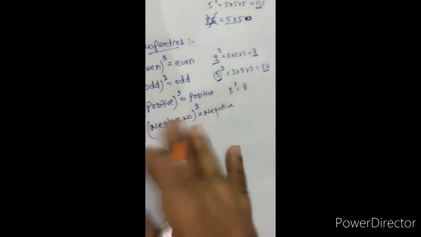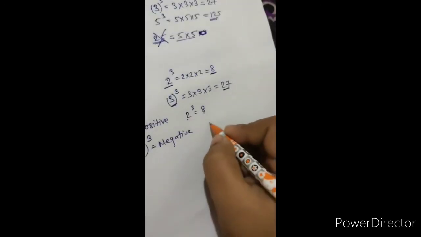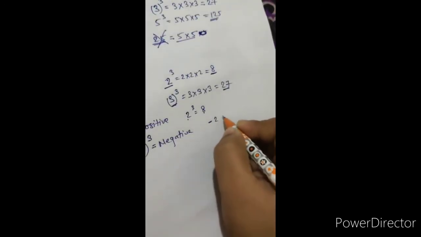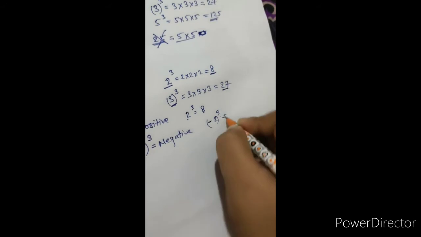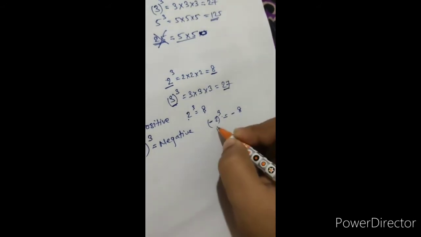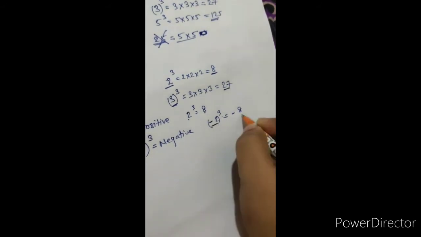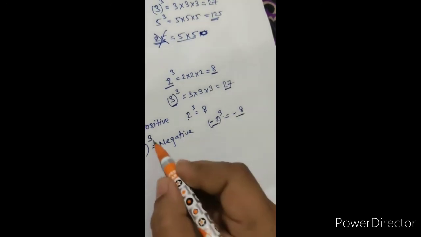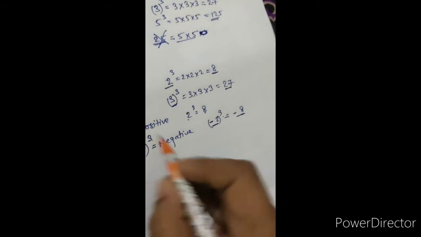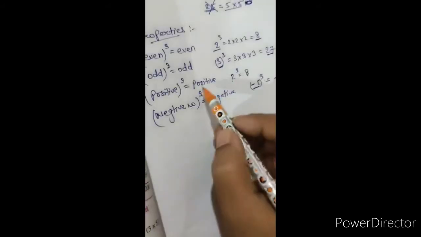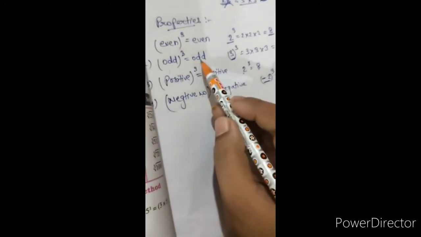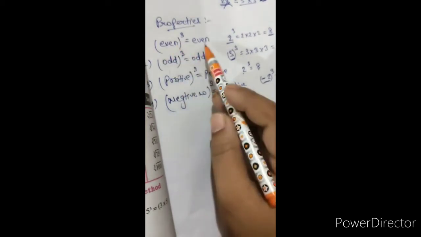Take an example, minus 2. The cube of minus 2 is minus 8. So minus 2 is a negative number and the answer is also a negative number. So we say that the cube of a negative number is always negative, the cube of a positive number is always positive, the cube of an odd number is odd and the cube of an even number is even.